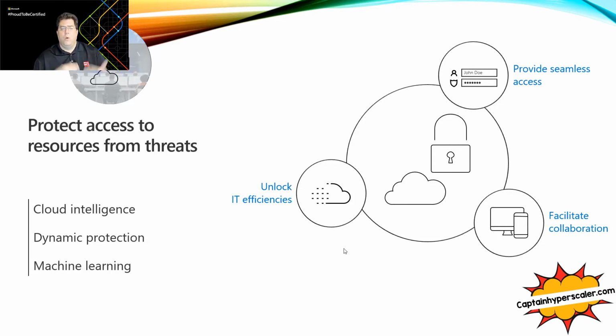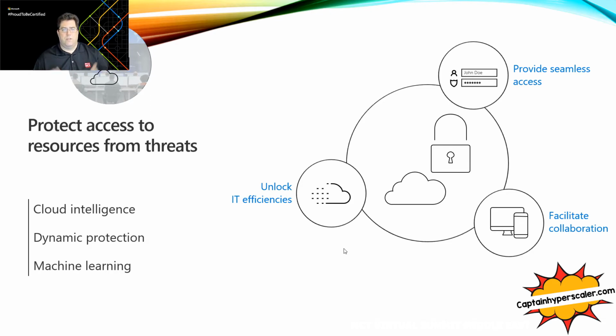And we need to also have a level of intelligence in terms of how we're going about doing this, both in the cloud as well as on premises. We want to provide a level of dynamic protection and know what's going on within our user environment in terms of risky users and devices that are at risk.